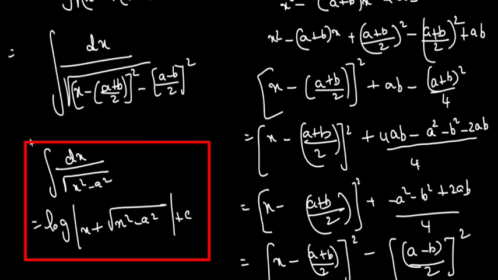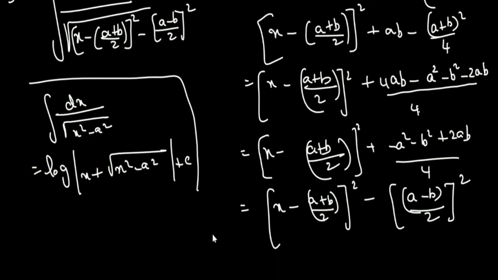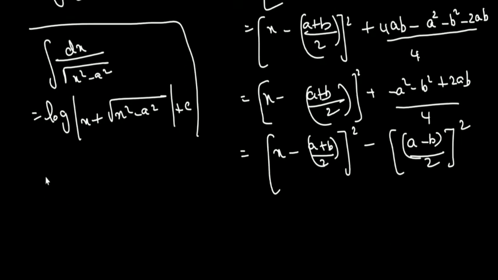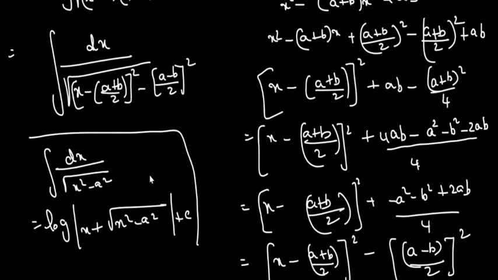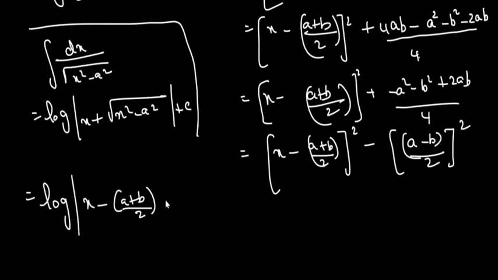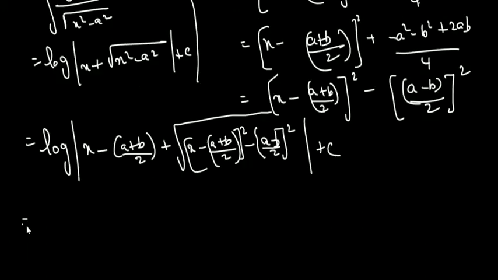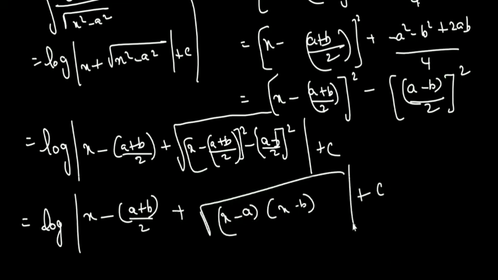So now your x is replaced by x minus (a plus b)/2, that is x, plus root of this. So it is equal to log of x minus this, plus c. That's the answer.